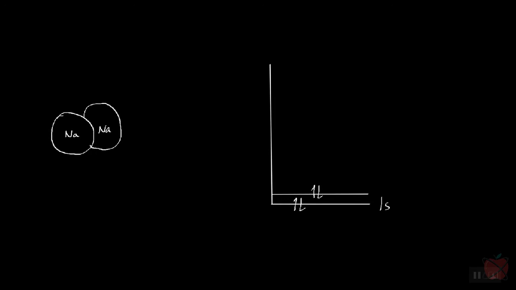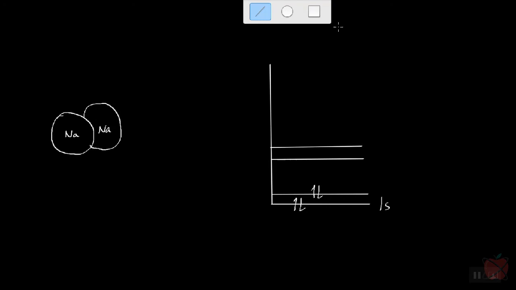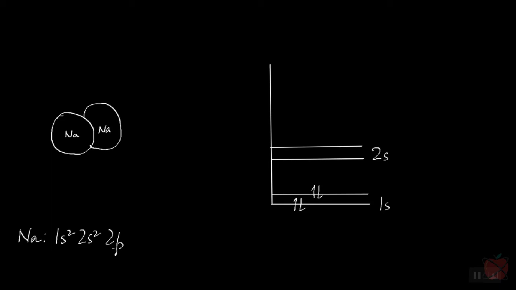Understand? And similarly we have the 2s. This will be one for the first sodium and another for the second. Let me write again the electronic configuration: 1s2, 2s2, 2p6 and 3s1. Again here the 2s will have two electrons coming from the first sodium, and the other two electrons coming from the second sodium.